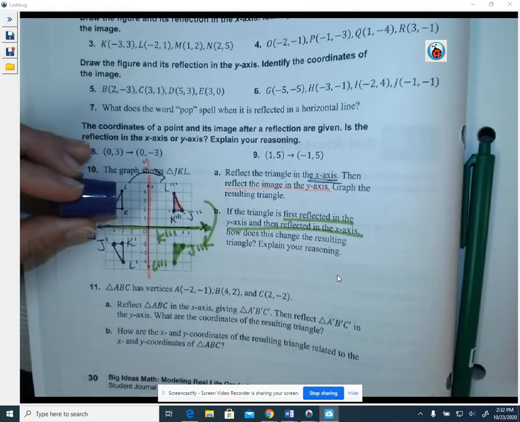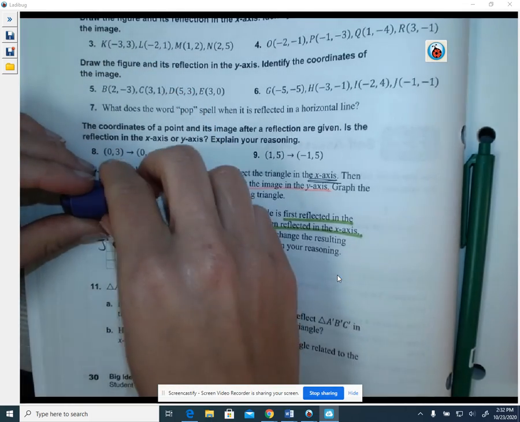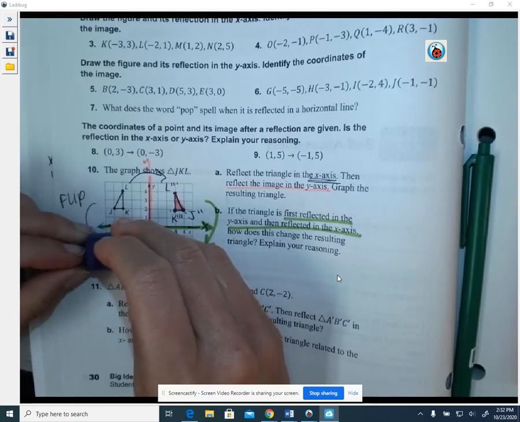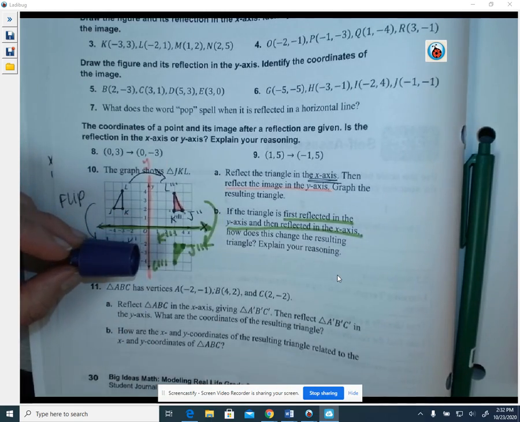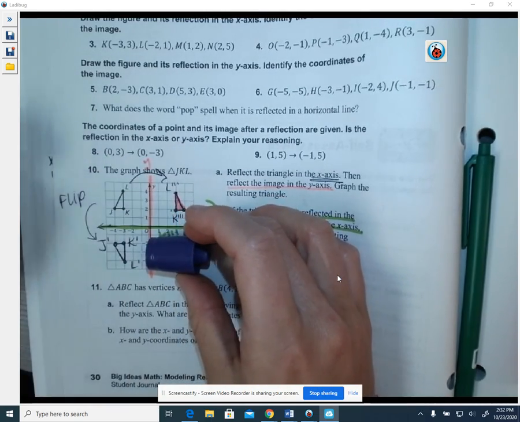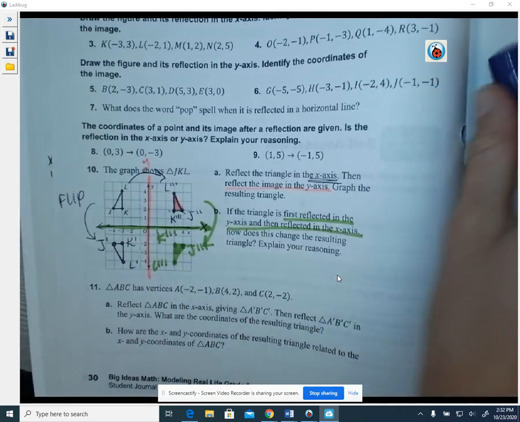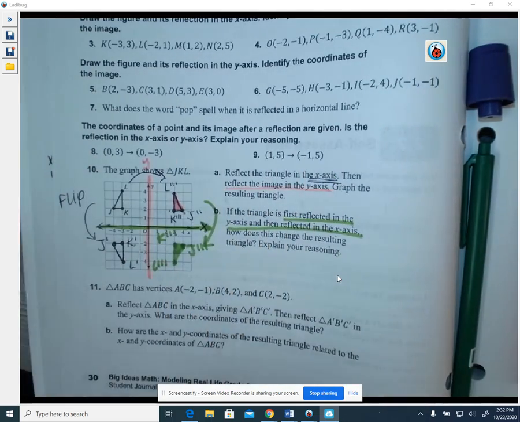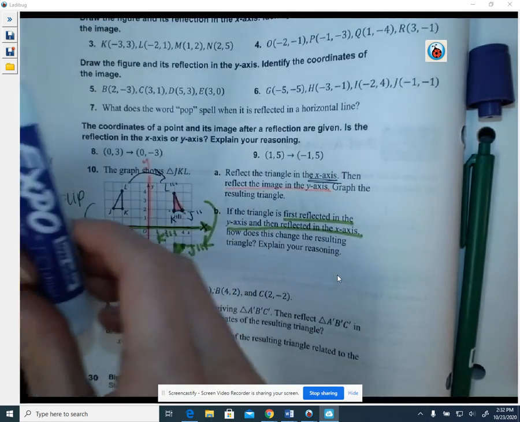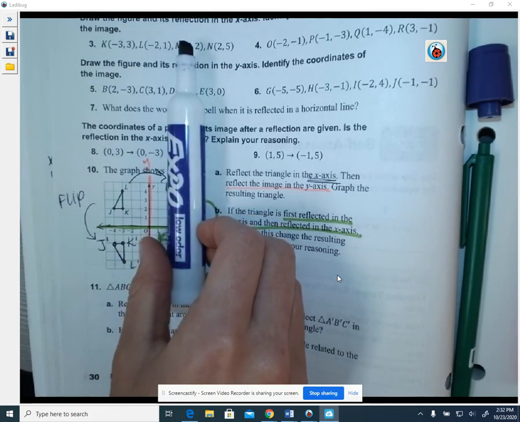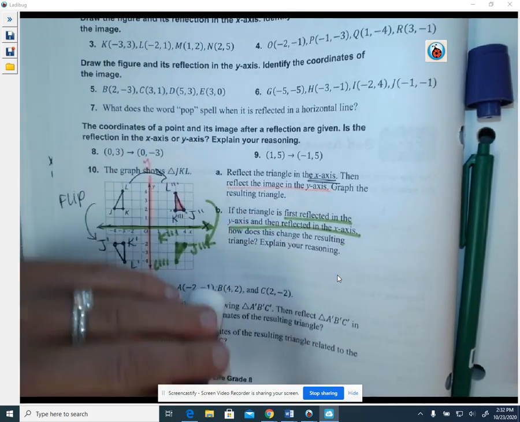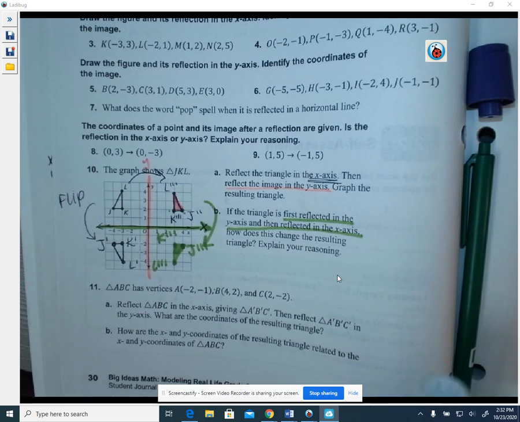If I flip it over the X, it's going to look like that. Over the Y will turn like that. So if you're struggling with these in general, just pick up an item in your house, maybe it's just a marker, and we can flip it over the X, flip it over the Y, etc.